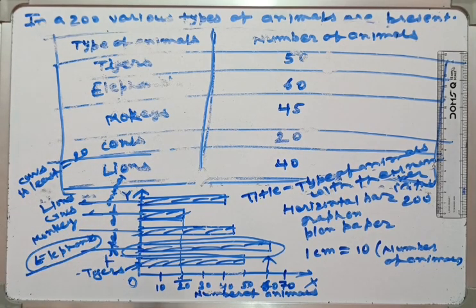Different types of questions can be asked. Suppose somebody asks what is the difference between the maximum and least number of animals present in this zoo. So elephant is 60 in number here, and cow is 20 in number, so the difference is 40. So various types of questions could be asked from you by giving you a vertical bar graph and a horizontal bar graph. Okay guys.